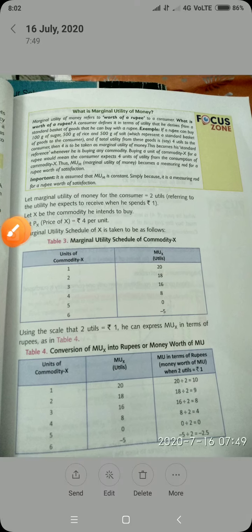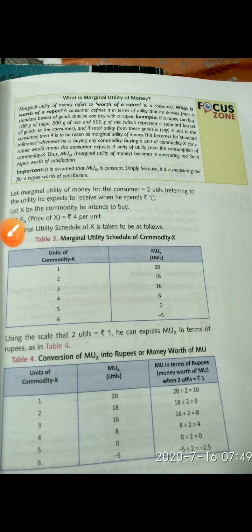Now what is marginal utility of money? It would be more clear with the help of an example. Listen to it carefully. For example, if a rupee can buy 100 kg of sugar, 500 gram of rice, 500 gram of salt. Clear? These are the basic standard units.